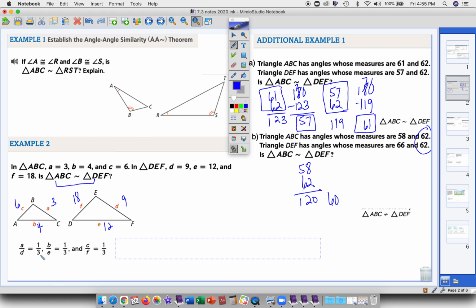A over D is 3 over 9, which reduces to 1/3. B over E, 4 over 12, also reduces to 1/3. C over F, we've got 6 over 18, which again reduces to 1/3. Therefore, by SSS, the triangles are similar.